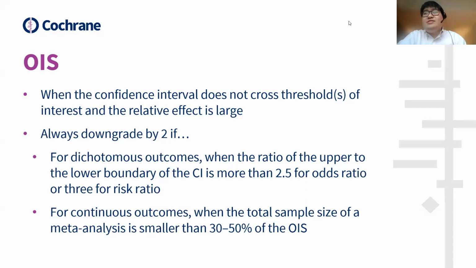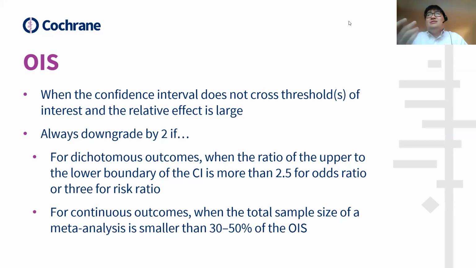And to be honest, previously, from my own experience and from experience of helping authors, I think few authors actually did consider the optimal information size anyway, because normally you do get enough information from just looking at the width of confidence intervals.